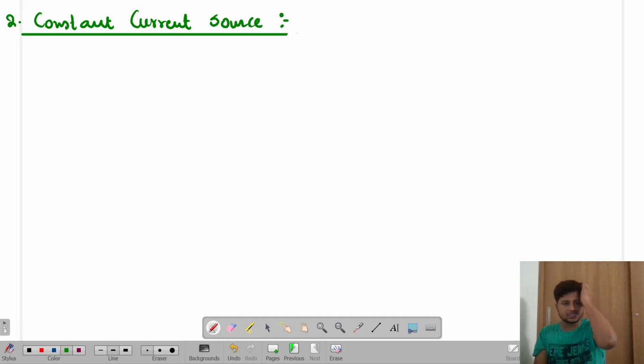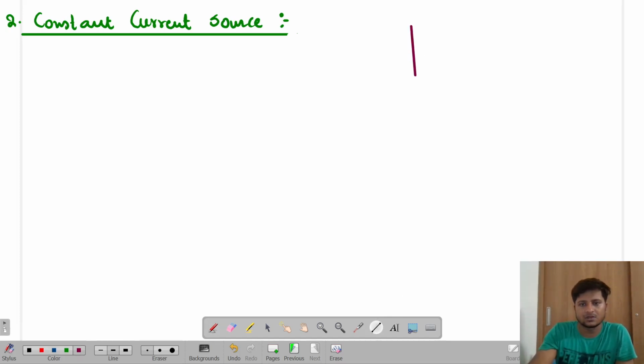So the question arises of how you will maintain the current in the circuit. For that, we use a device called a rheostat. Are you able to get me or not? Earlier I described that a rheostat is a device in which there is a variable resistance.